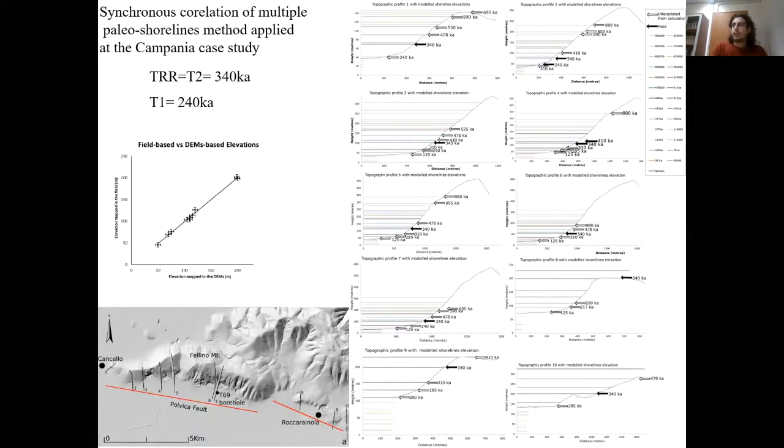With this method, we can correlate the upper marine terrace in the eastern part at 200 meters with the T2 terrace and provide an age of 340 kilo years, while the lowest marine terrace has been indirectly dated as 240 kilo years.